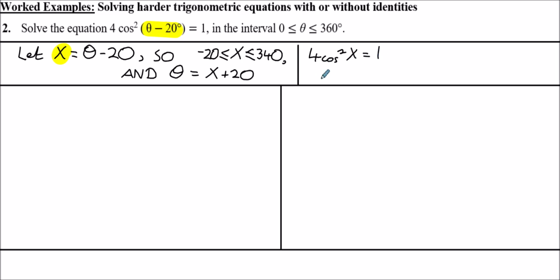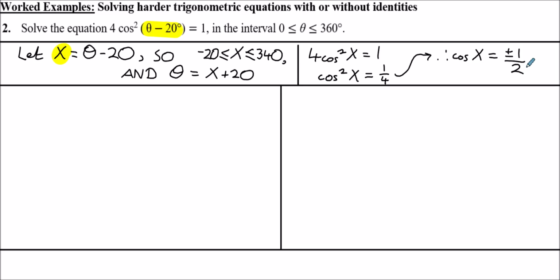Divide both sides by 4, we get cos squared big X equals a quarter. Then if we square root both sides, we then see that cos x is either going to be plus or minus the square root of a quarter, which is a half.